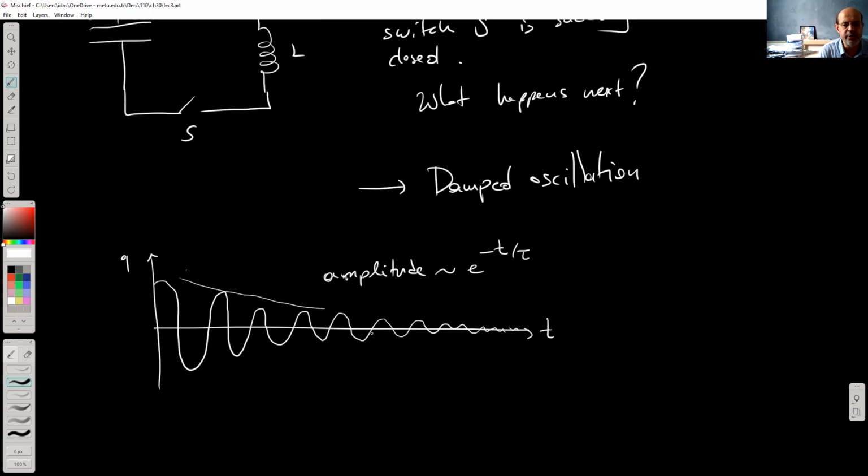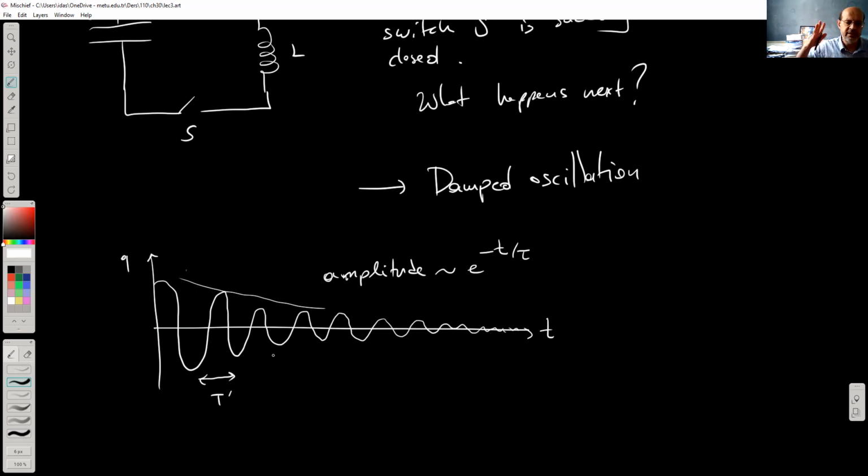All right, you don't have to learn anything else, but there are some other details in here, like the period also changes because of the damping. And so as a result, if the damping is large, this period becomes so long that you don't actually see any oscillations. This is basically what we call an overdamped situation.